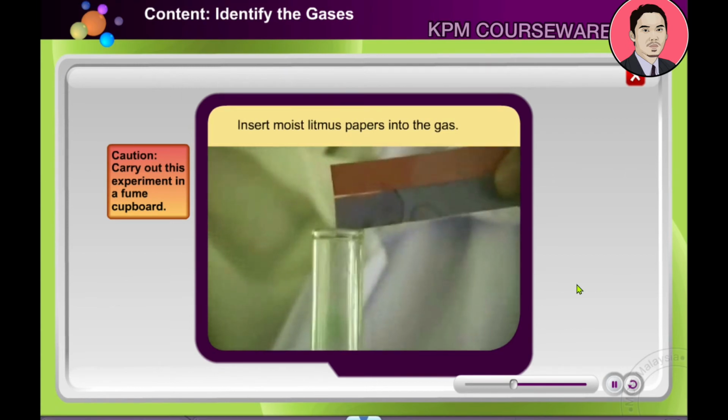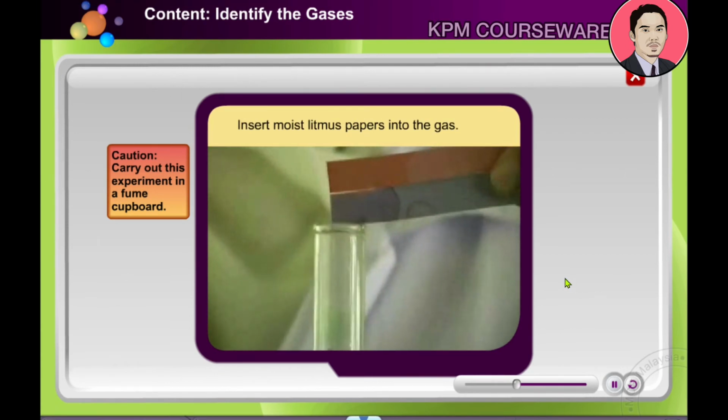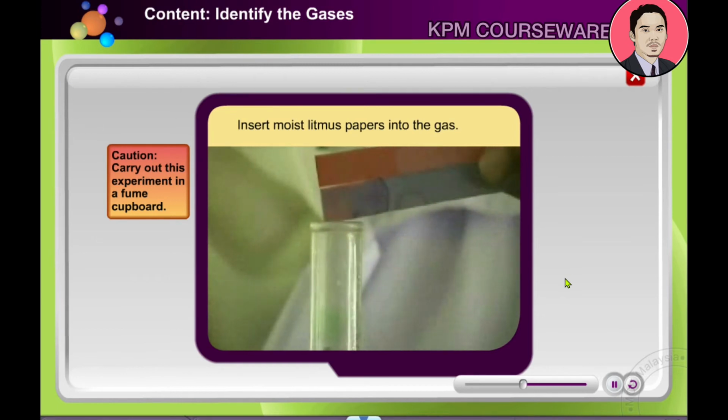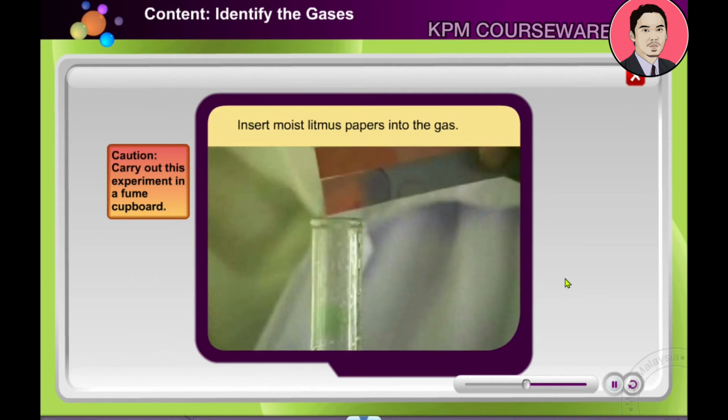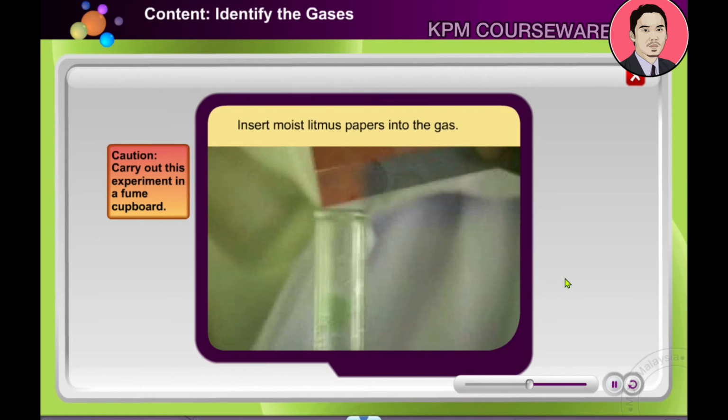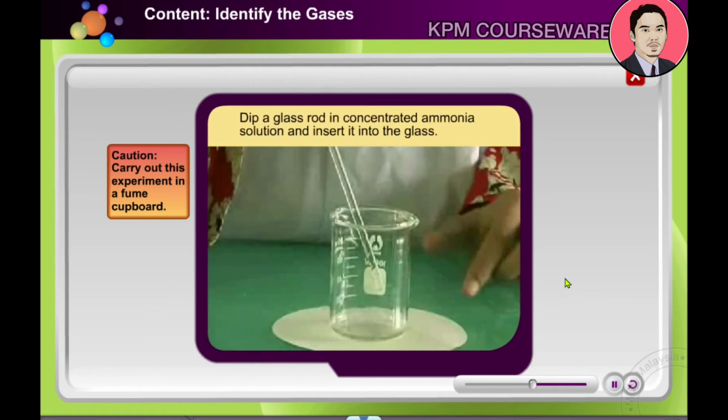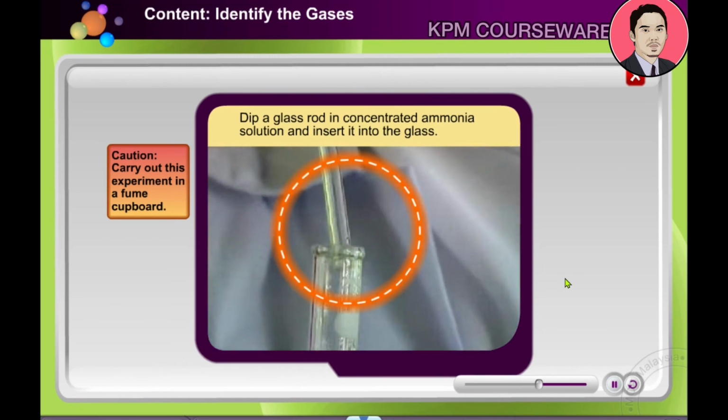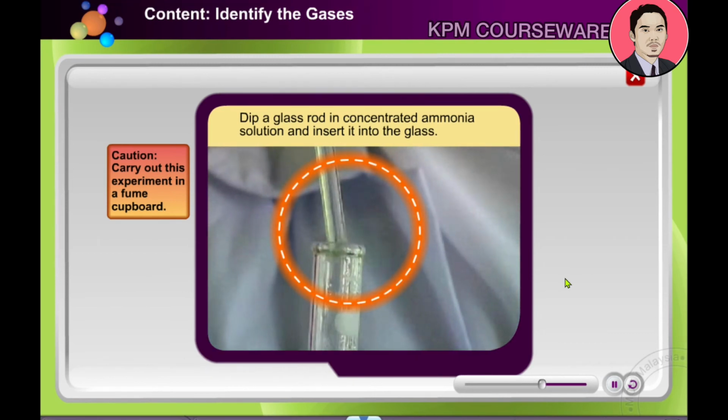Test the gas with moist litmus papers. Carefully dip a glass rod in concentrated ammonia solution and insert the glass rod into the gas. What do you observe?